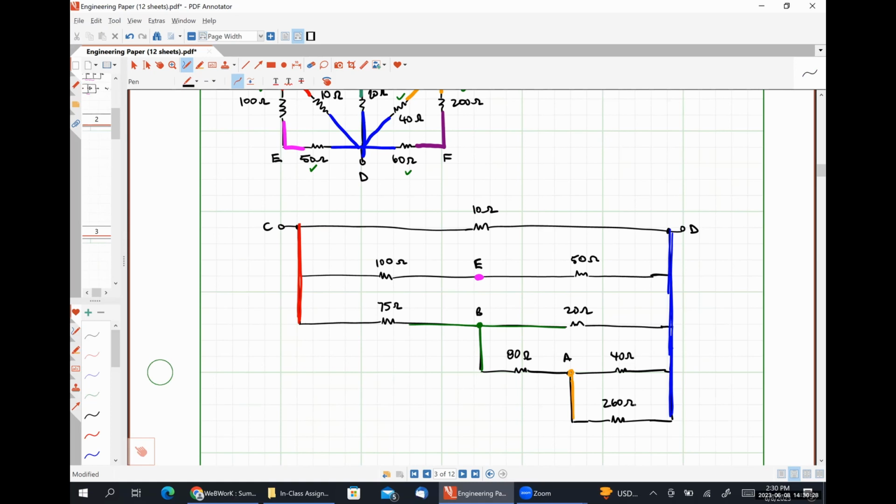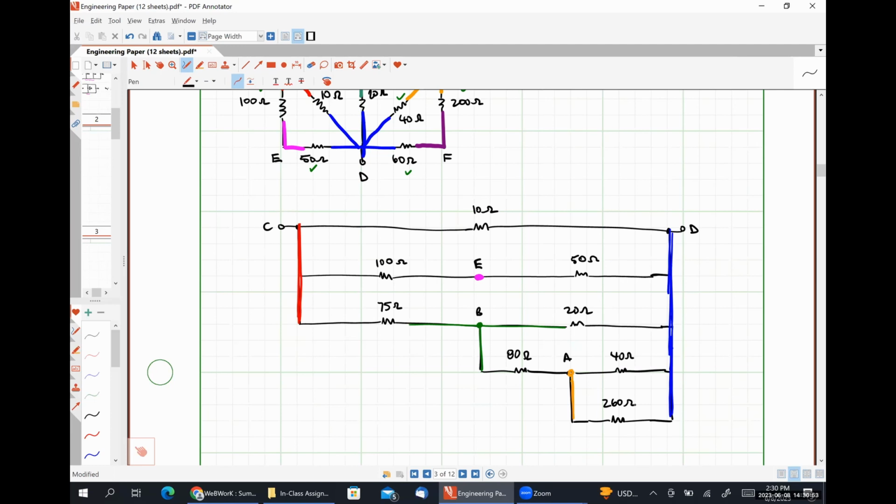And 200 plus 60 is 260, right? So now, how are the 40 ohm resistor and the 60 ohm resistor connected? Or excuse me, the 40 ohm resistor and the 260 ohm resistor. Those are in parallel. Exactly right. So I'm going to replace that. So I'm going to have 40 times 260 over 40 plus 260.